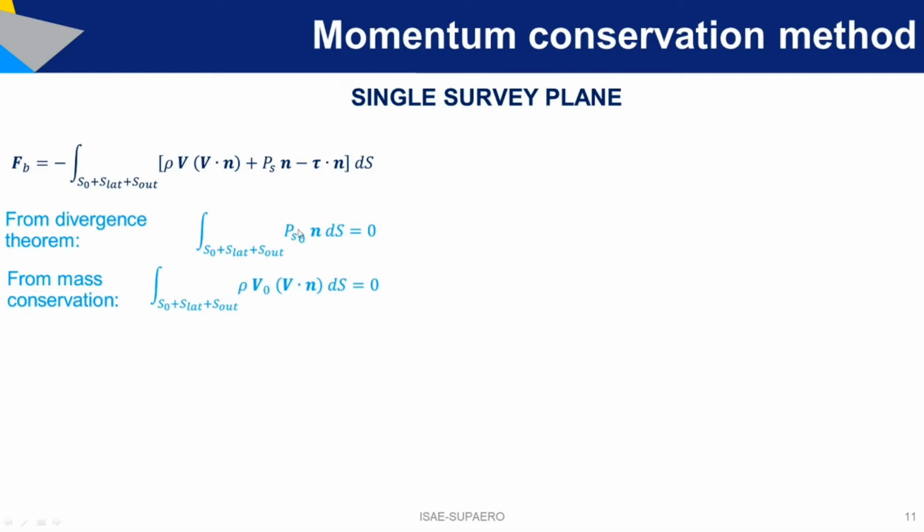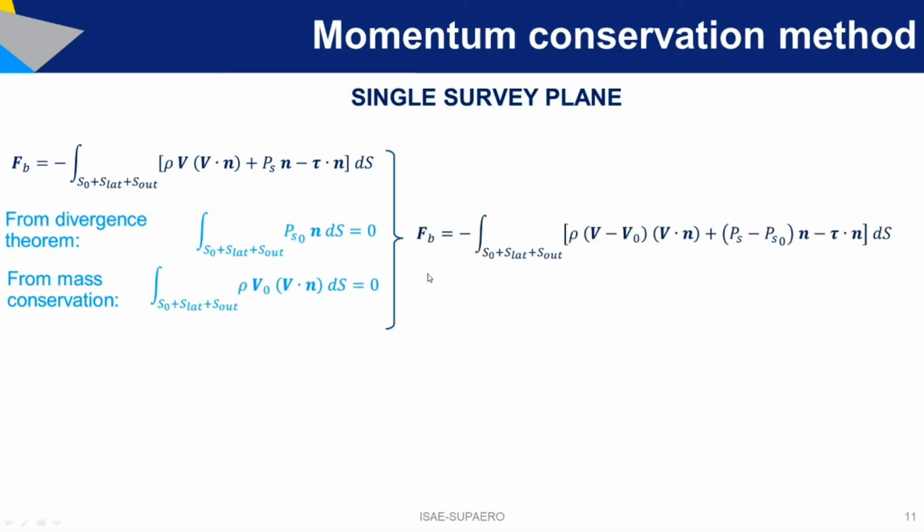That means that these parameters are referred to the upstream reference value, whereas these values, V and PS, are local values at the surfaces of the control volume. And why am I introducing these two equations? Simply because I will combine these three equations together and obtain this.